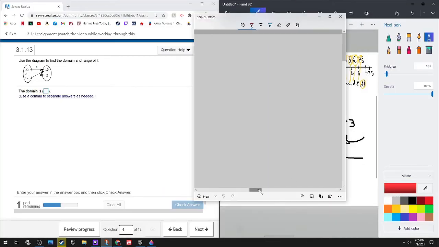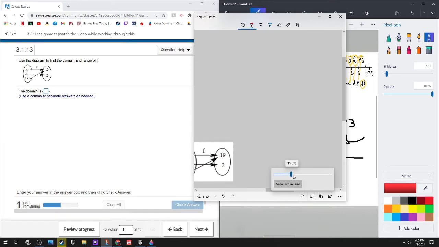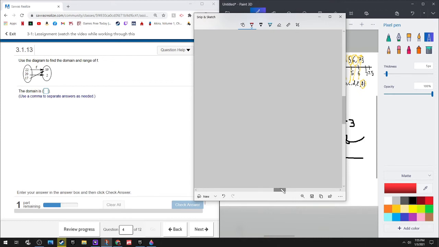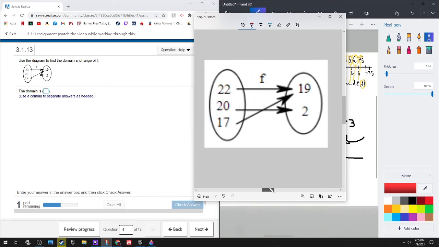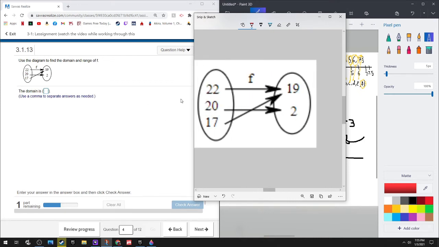Where'd it go? Don't leave me. Let me zoom back out. Now I have to go find it. There it is. Okay, bottom left. There we go.